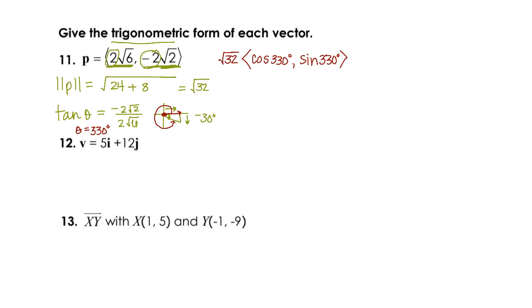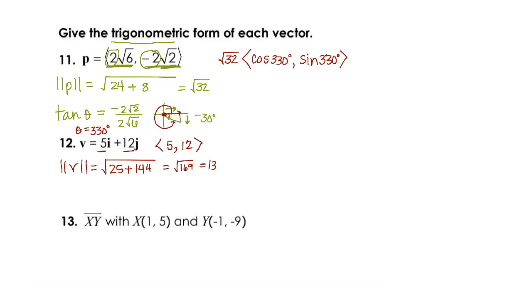Now, number 12, we need to note that if we're looking at 5i plus 12j, that's really in our component form 5, 12. That's all that linear combination is telling us. So the magnitude of vector v is going to be the square root of 25 plus 144. And so that's going to give me the square root of 169, which is 13.